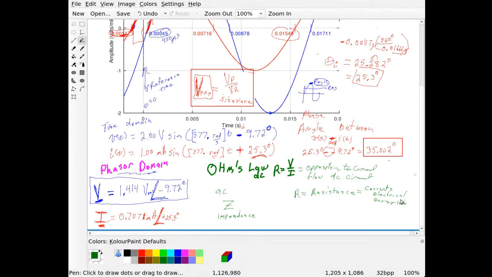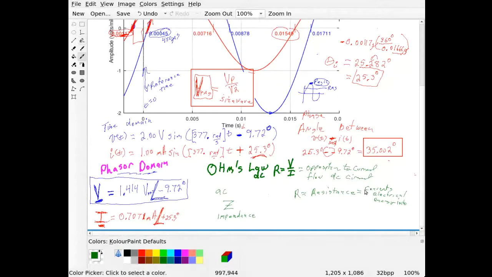into what? Somebody type that answer in the chat window. A resistor converts electrical energy into thermal energy. Absolutely, that's correct. So it converts it into thermal energy. Thank you for participating here. So it turns it into heat.